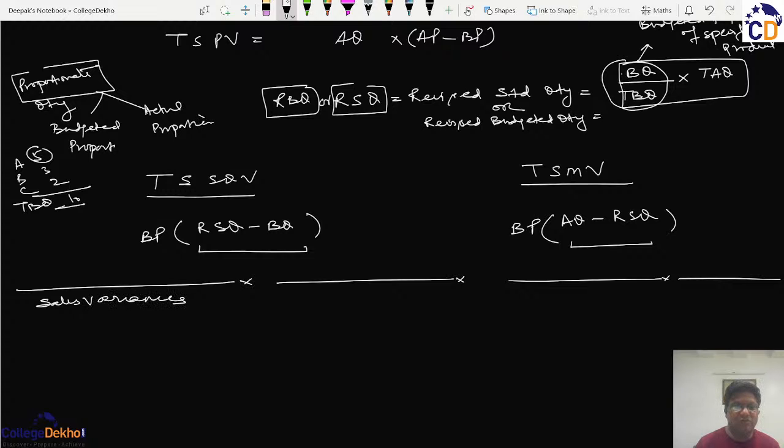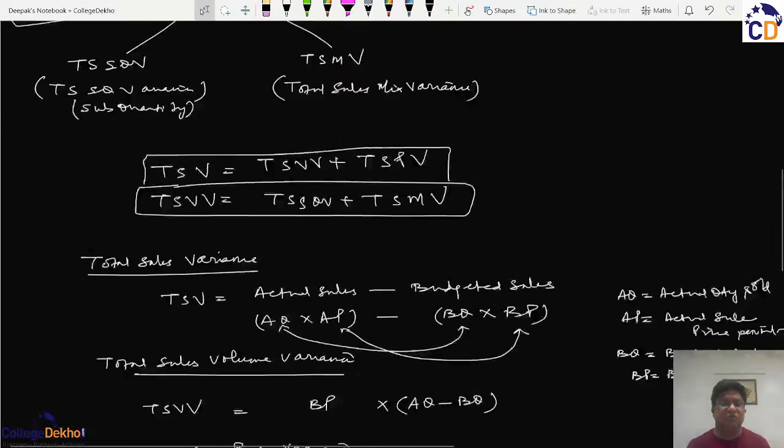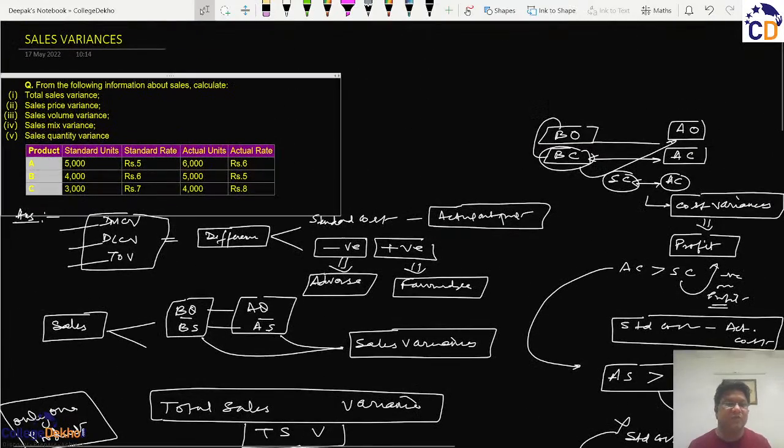Now I will try to justify this concept with the help of an example as shown in the beginning of the sheet. So first take a look at the question: from the following information you are required to calculate the 5 variances of sales, that is sales variance, price variance, volume variance, mix variance and sales quantity variance.